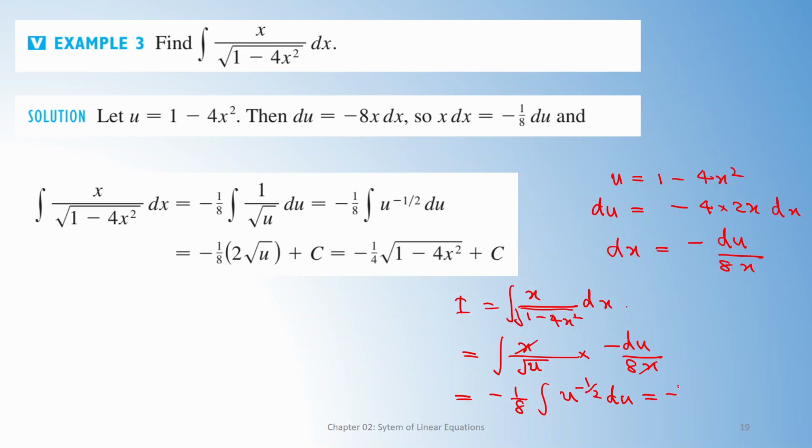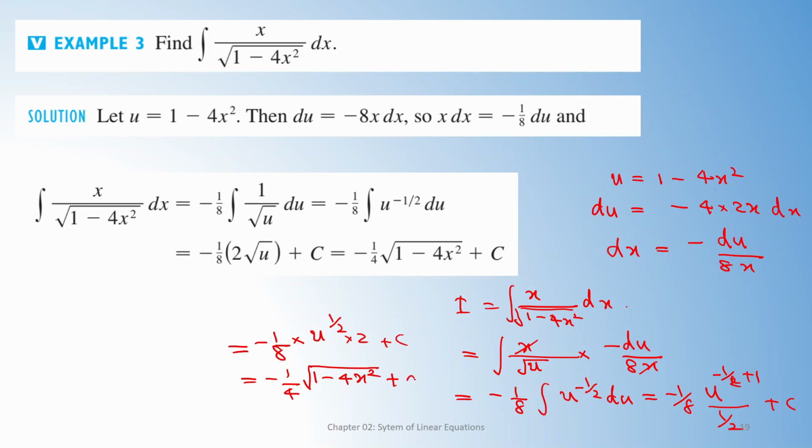Then minus 1 over 8, u to the minus half plus 1, and minus half plus 1 is half, plus c. So then minus 1 over 8 u to the half, and 1 over half becomes 2, plus c. So minus 1 over 4. Replace u as 1 minus 4x squared; half means square root, plus c. So it's the same answer.